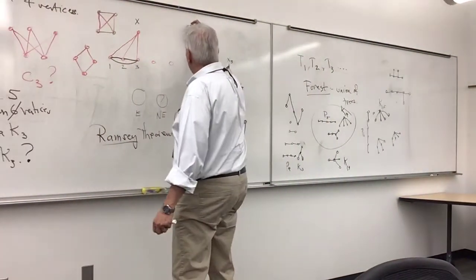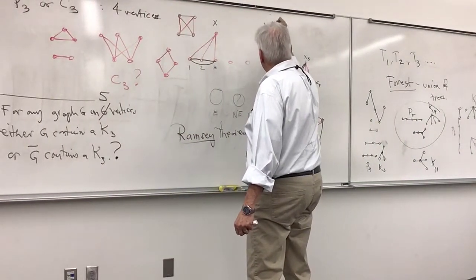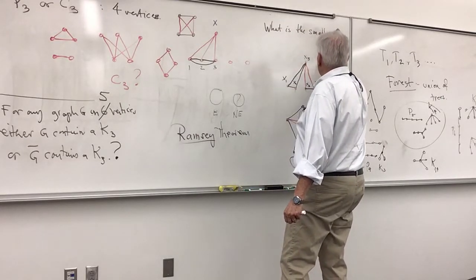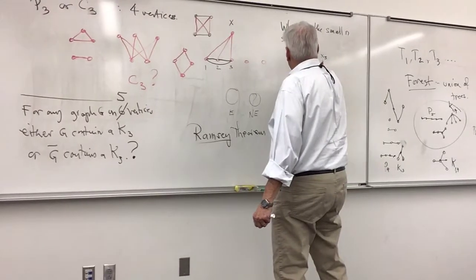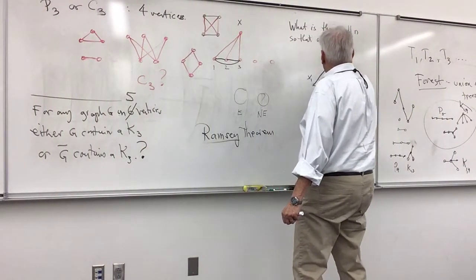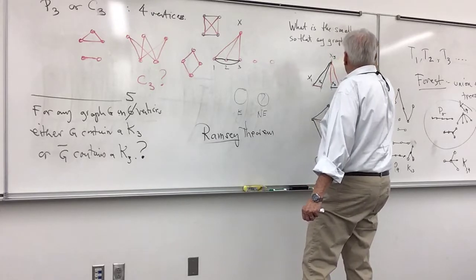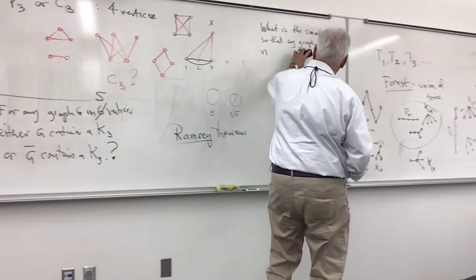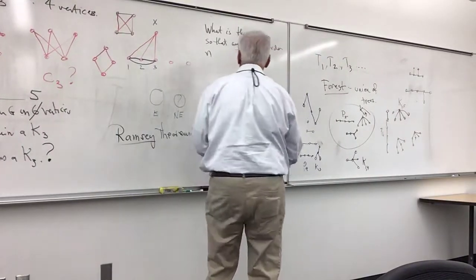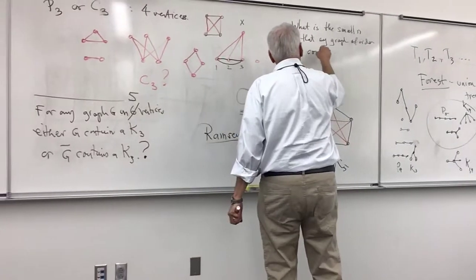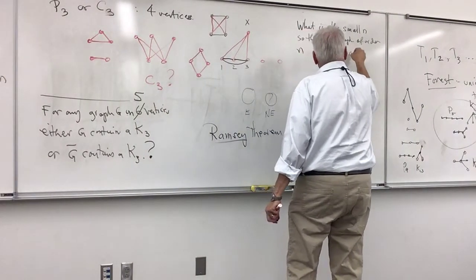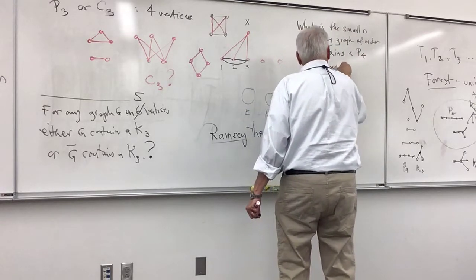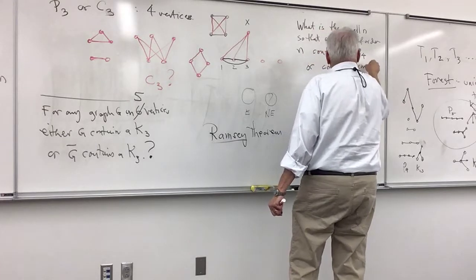What's the smallest n so that any graph of order n contains a P4 or the complement contains a P4?